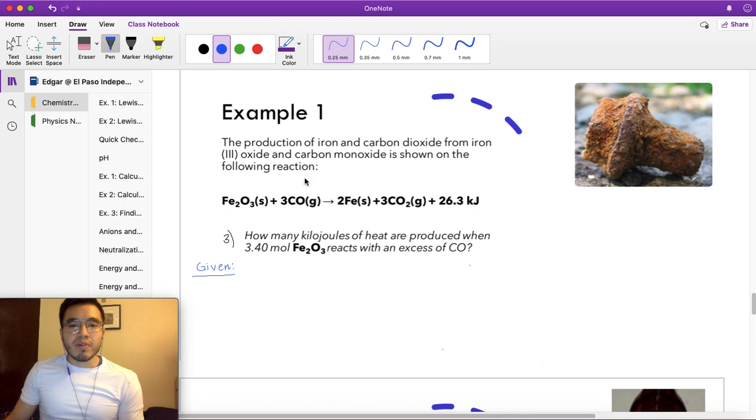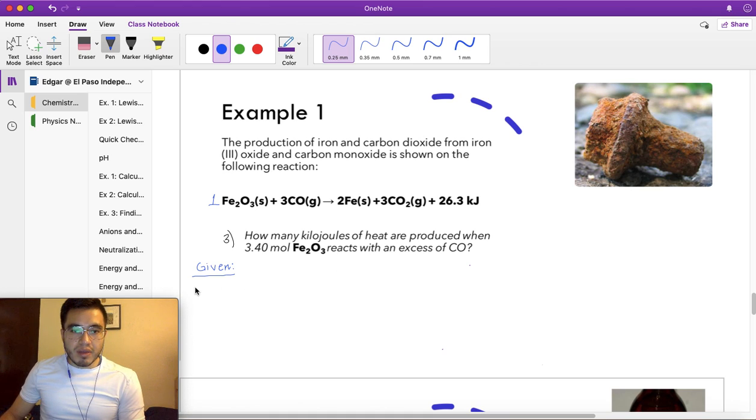We know the heat produced when 1 mole of rust reacts with carbon monoxide. How do we know that? From the thermochemical equation. Remember, if we don't have a coefficient, that means the coefficient is 1. If it helps you, write it down. If you don't need it and you know it's 1, then that's fine. Then we have 1 mole of rust reacting with 3 moles of carbon monoxide, and 26.3 kilojoules of heat are produced.